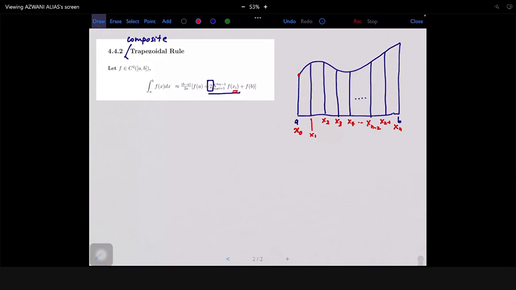So we know that for each, we know the value kat sini kan? Betul tak? So the value kat sini adalah f x0. Yang ni adalah f x1. Ni adalah f x2 and so on. Okay, so menggunakan trapezoidal rule.